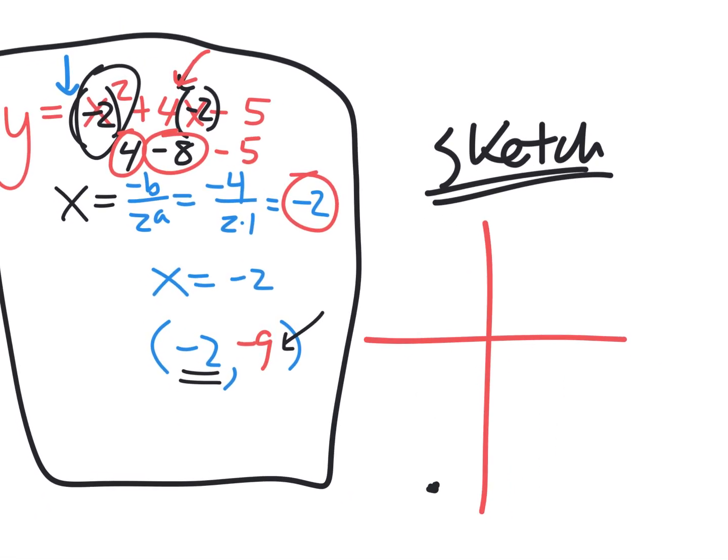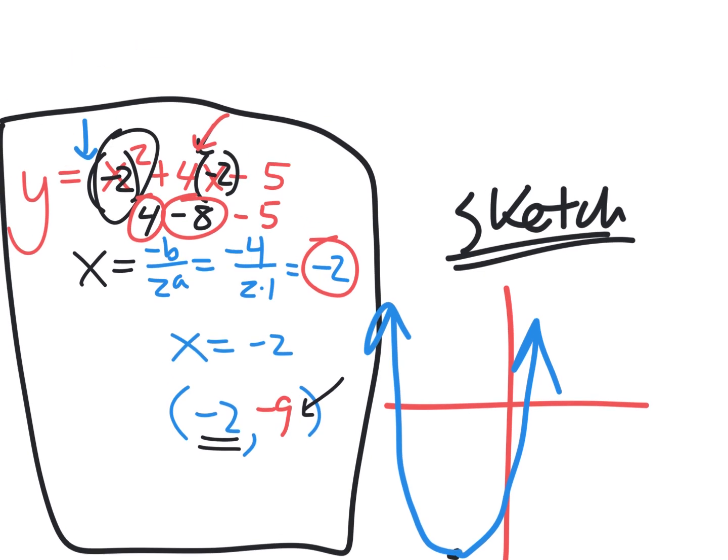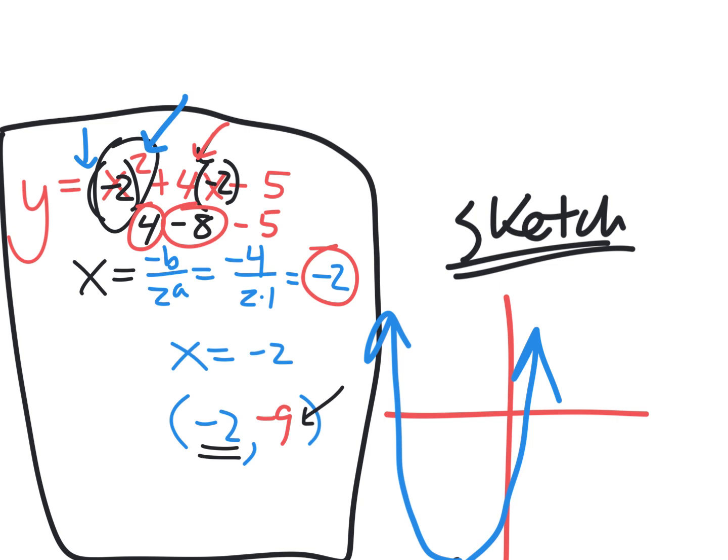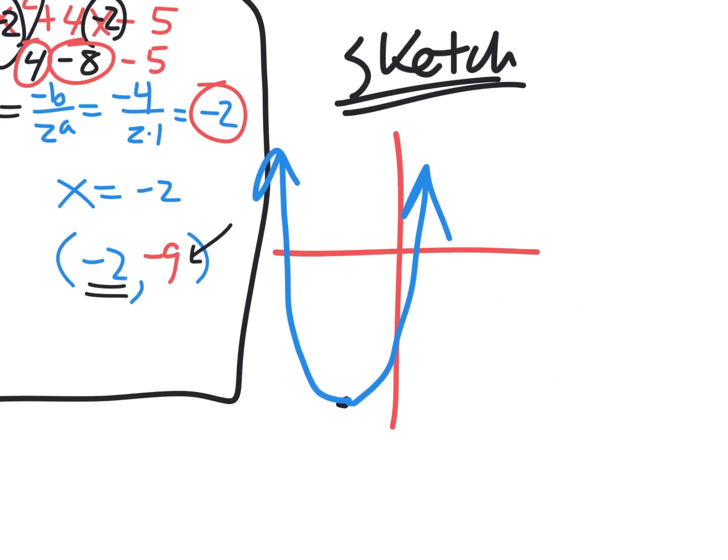The right side is facing up. Yep, and if it's a parabola, it has to go like that, and they have to both be the same. Why do they have to both be the same? Because there's an even degree. All right, so there's a little sketch of it. And then if you wanted the axis of symmetry line in there, you'd go like that. That is not required in the graph of a parabola, but it doesn't hurt.